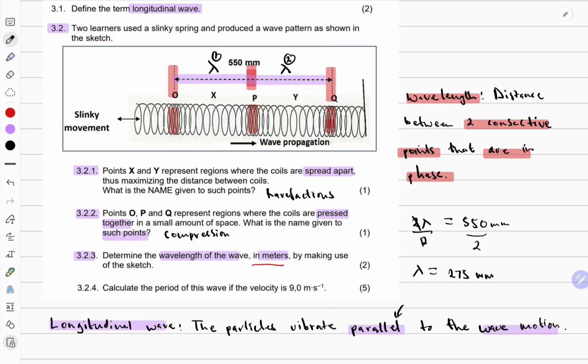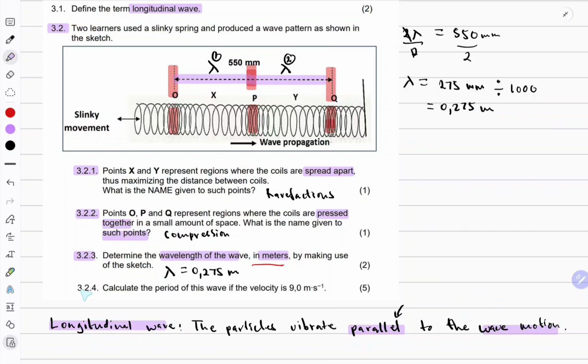But recall earlier on they wanted the answer in meters. So you know, in a meter there's 1,000 millimeters, so you just divide by 1,000. And this gives us 0.275 meters.